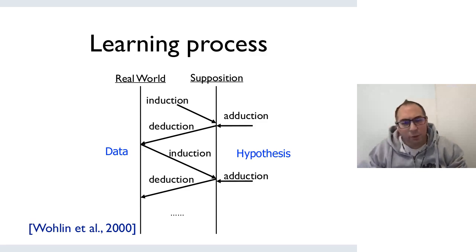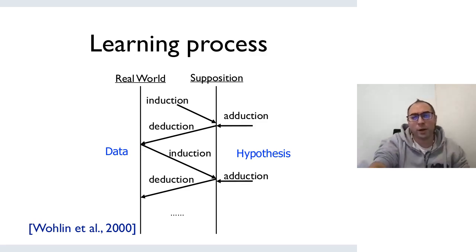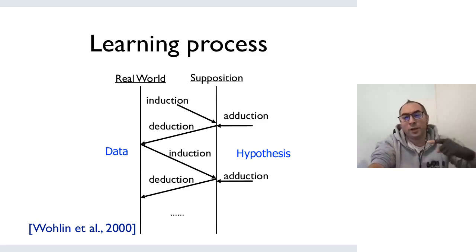I think that's the name of the book. I have the reference later in the back of the slide, so you can go crazy about it. So this is exactly a recap of what I said here. You have induction, then deduction, then induction, then deduction, and so on and so forth. This goes on and on until no data point reveals new information.